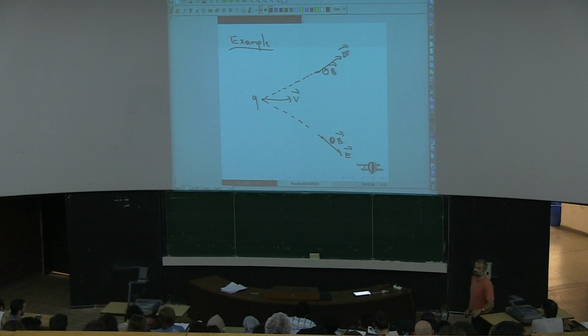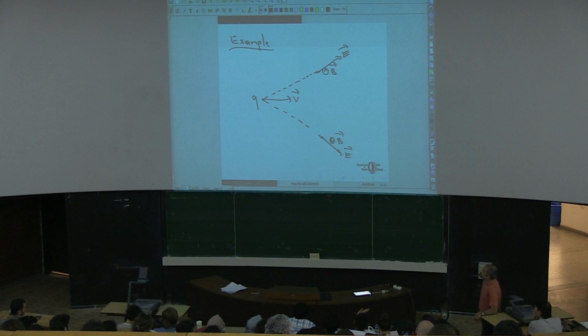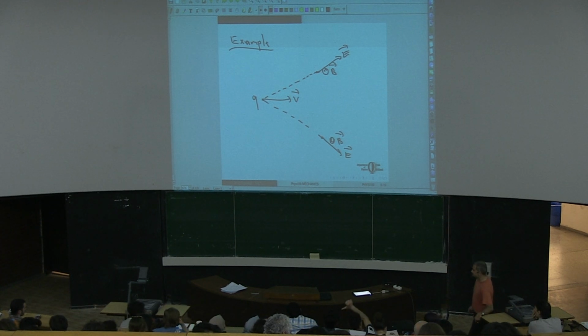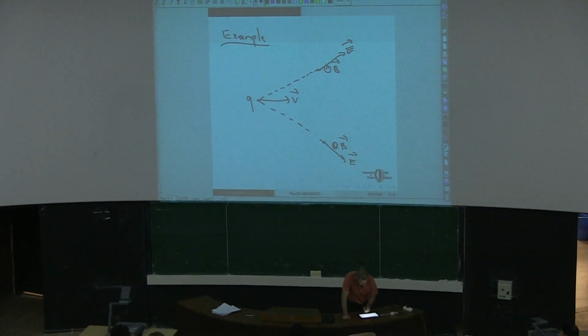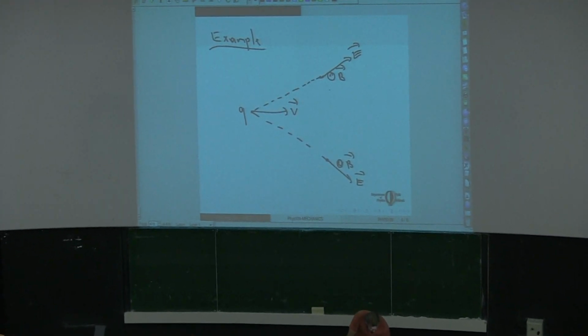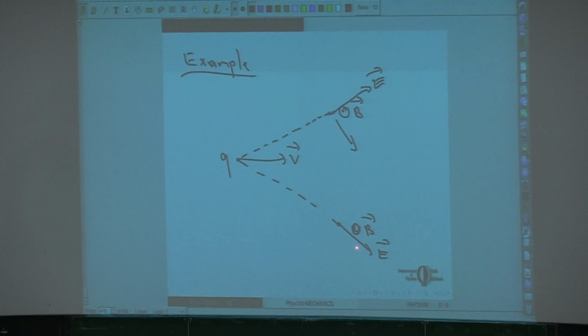Is there an energy flow? What is the direction of the energy flow? The energy flow is mainly in this direction, E cross B. And here, the energy flow.